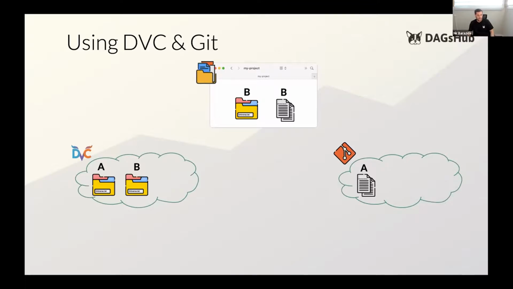And as we can see, it's going to generate a new pointer file that points to version B. Okay, so far so good? Yeah. So we version it once again with DVC. What DVC did is create a new pointer file. Next, we need to version the new pointer file with Git.